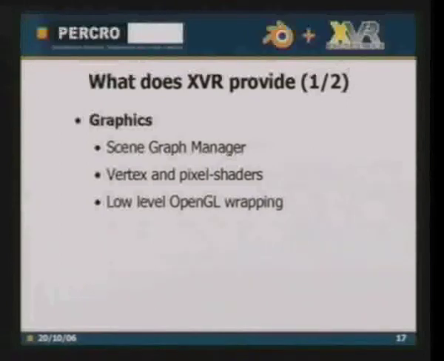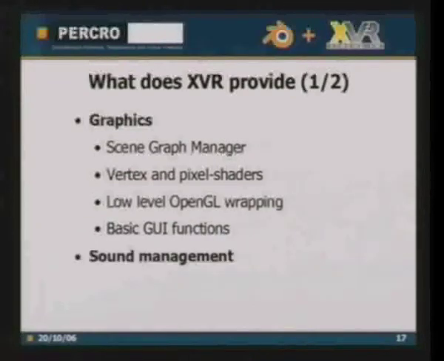But if you want to achieve some complex OpenGL effect, you can use them together, or you can use only OpenGL as you wish. There are also some basic UI functions to create menus and buttons.